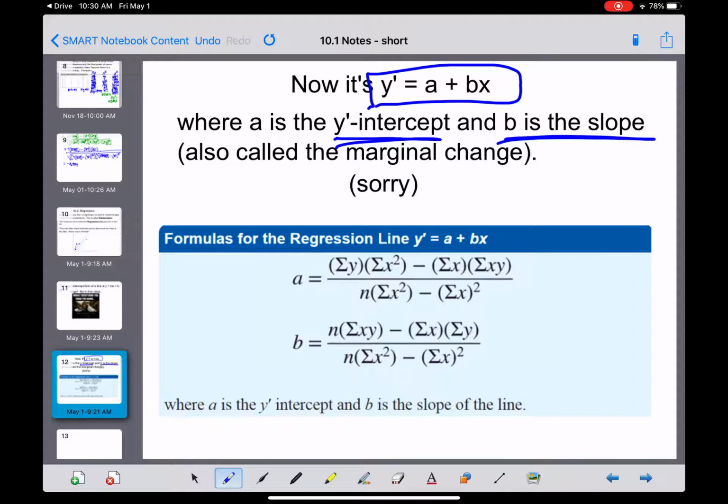And notice that if my R value is negative, my slope is going to be negative. This is your formula for the regression line, but we're not going to do it. I just wanted to show you that part. And this is all something you can find on your calculator too. So it's not really hurting you to not learn that this year.